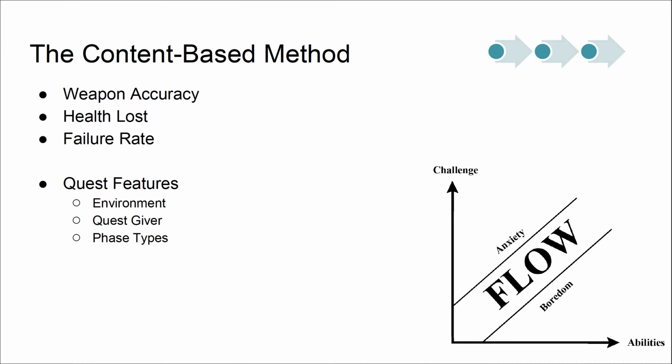One of the things that it tries to do is it sees what's the weapon accuracy of the player, what's the health lost of the player, what's the failure rate of the player, and based on that, it tries to adjust the difficulty. And at this point, I said in the beginning that when you were using a PCG algorithm, that difficulty value is equivalent to the player level. So if the player is at level 17, for example, the difficulty would also be level 17.